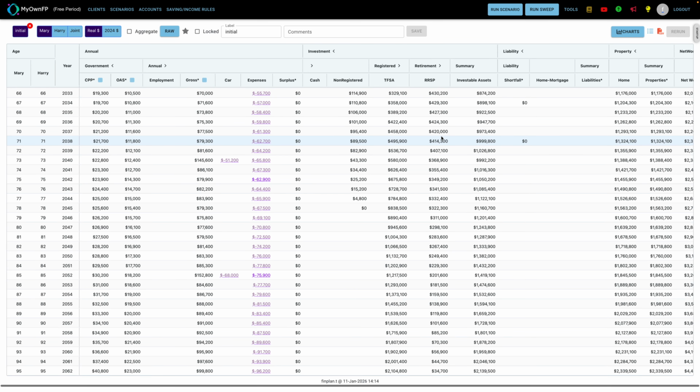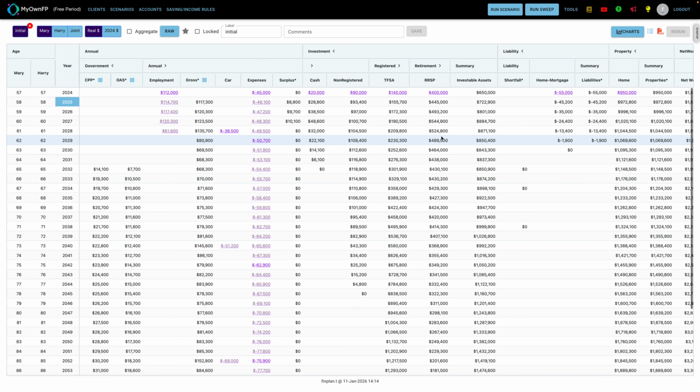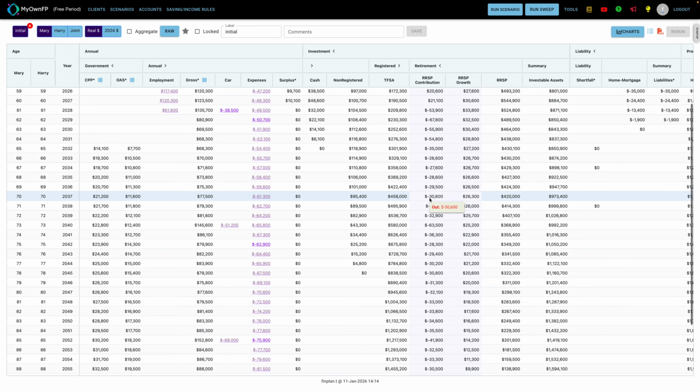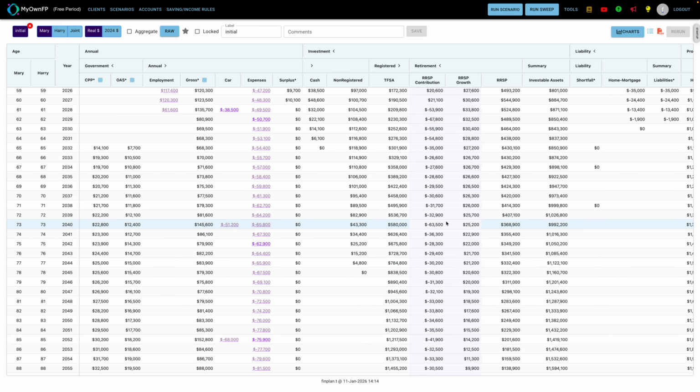In the RSP meltdown, you can see here we started contributing to our RSP more and more, then we are taking a lot of money out, $50,000 out of our RSP, then a little bit, and then we start dropping to $20,000. When we buy a new car, we're taking more out of our RSP.